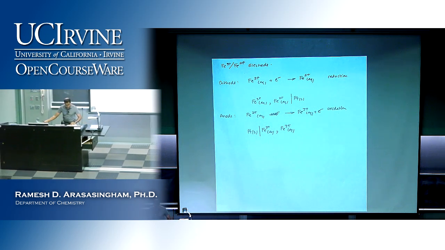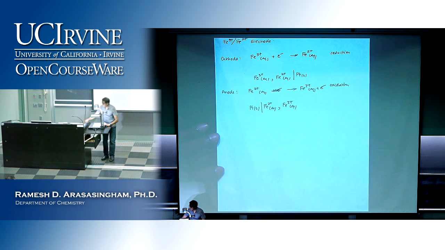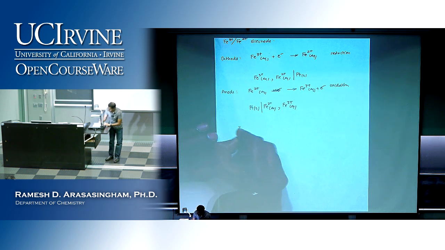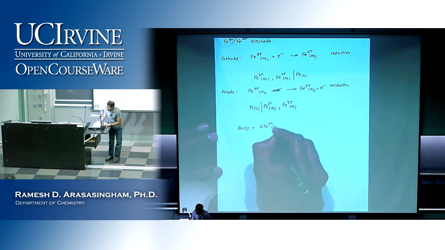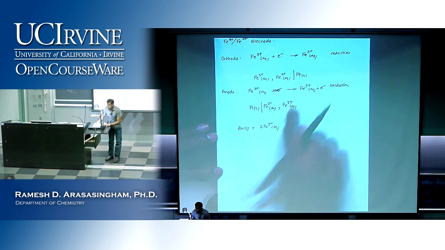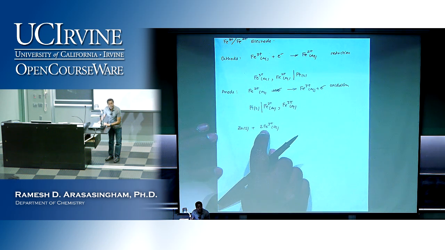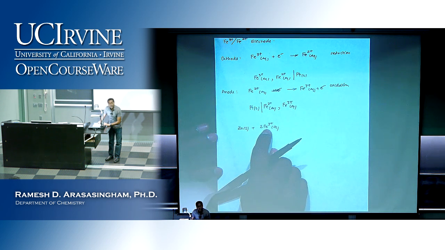Okay? Now, if you take the reaction where you have zinc solid plus 2 Fe3 plus aqueous, because remember each one of these produce 2 electrons. If this is the reduction, then they're picking up 2 electrons. So zinc produces 2 electrons where the oxidation takes place, and you need 2 of these to balance the electrons.